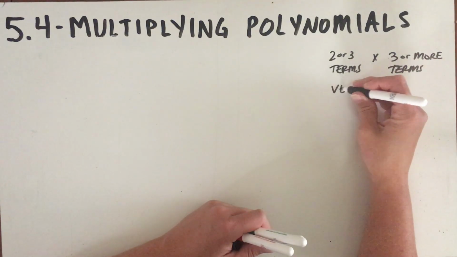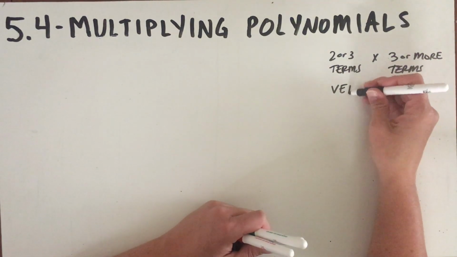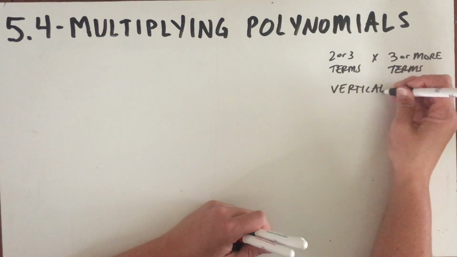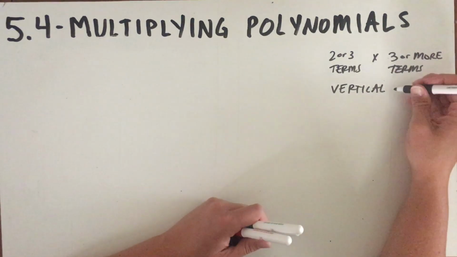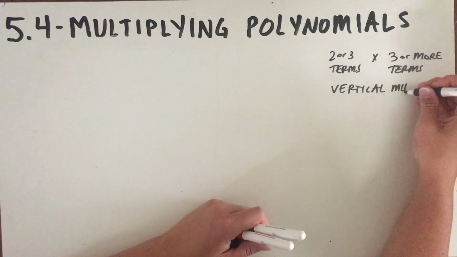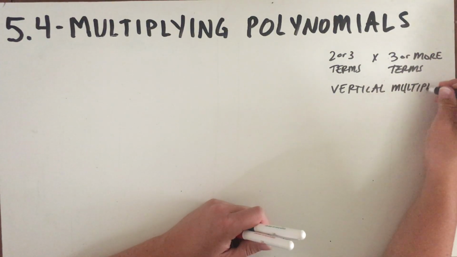vertical multiplication. So what we did here was horizontal. Vertical multiplication is actually what you've done your whole life. Maybe. I guess that's kind of a funny assumption.